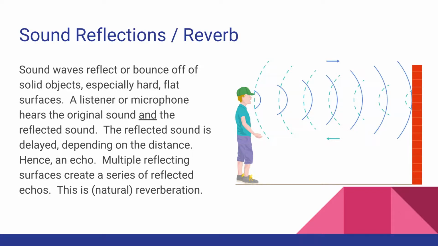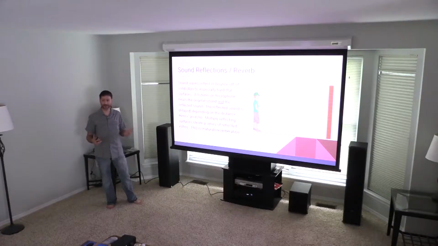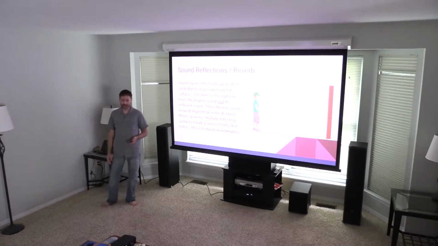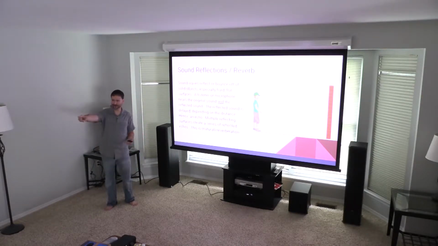Okay, so reverb, sound reflections. Here I am in a room with hard surface walls, and you don't think about it, but the reality is my voice is traveling straight toward you, but it is also traveling in this direction, bouncing off the wall toward you. It's going in that direction, bouncing off the wall, and it's bouncing off the ceiling, and off all different parts of the ceiling and the walls and the wall behind you.